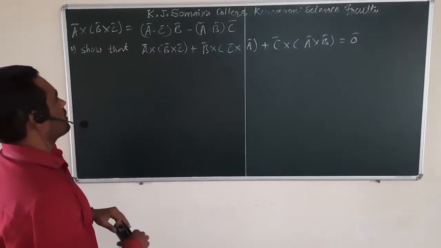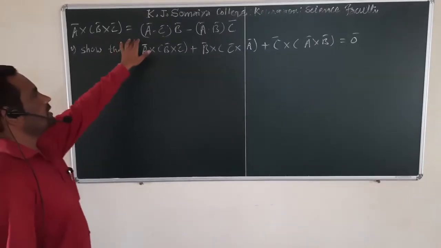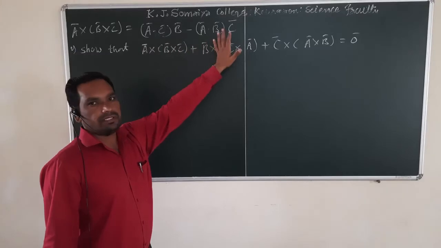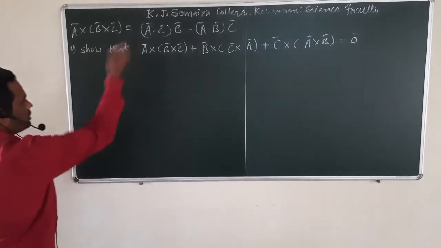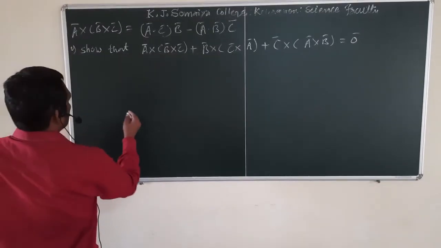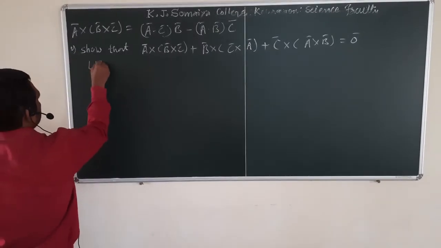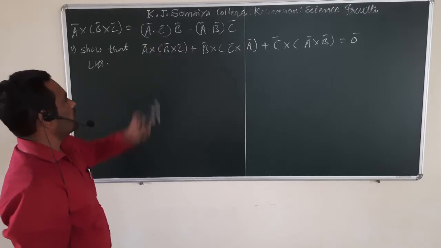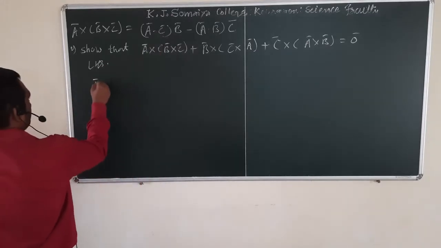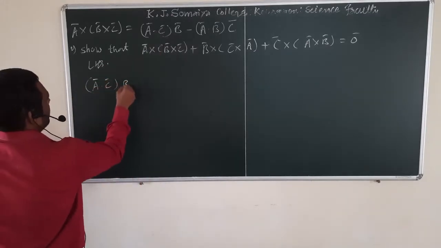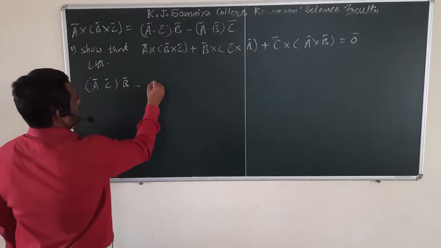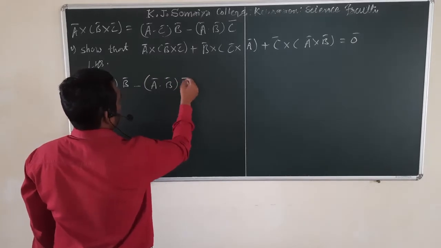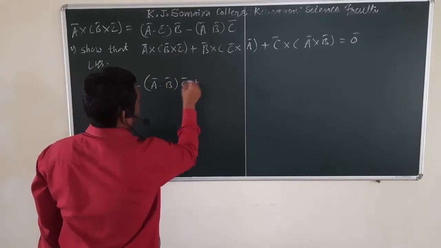We know that vector A cross B cross C is (A dot C) times B minus (A dot B) times C. So on the left hand side, A cross B cross C is equal to vector A dotted with C multiplied by B minus vector A dotted with B multiplied by vector C, plus.